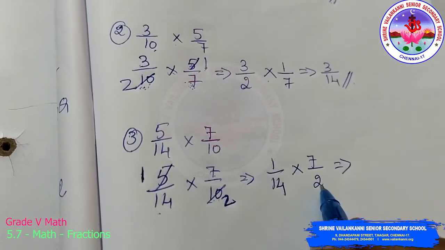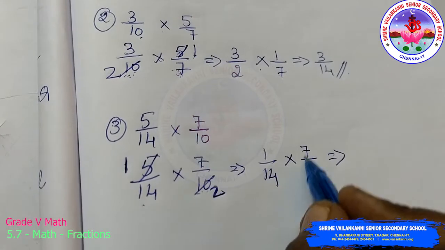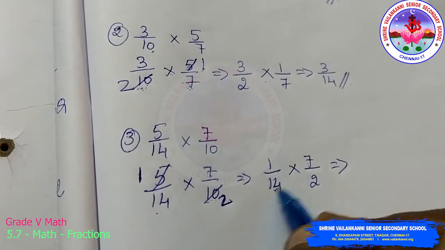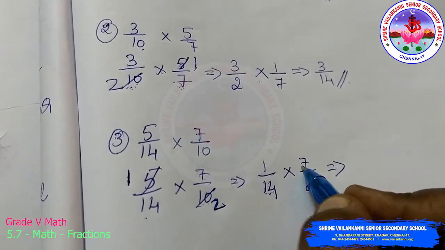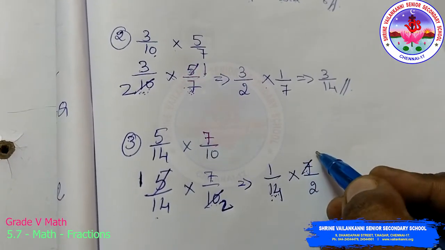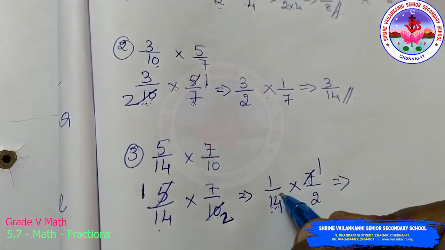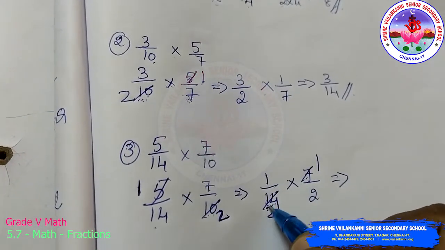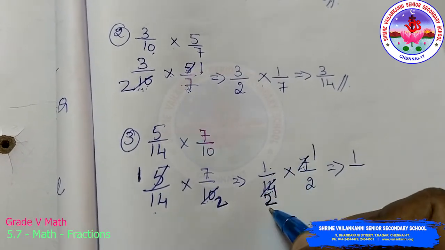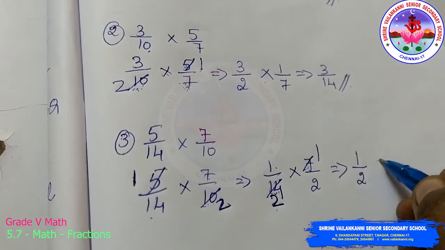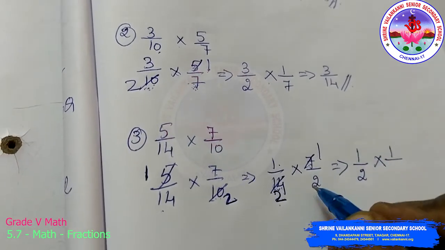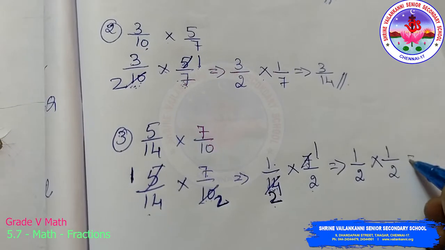Now 1 and 2 cannot be simplified more than this. Now check with the other opposite two numbers, 7 and 14. In the 7 table, 7 also will come, 14 also will come. So here I am taking 7 as a common factor. 7 ones are 7, 7 twos are 14. So 1 in the numerator, and 2 in the denominator.